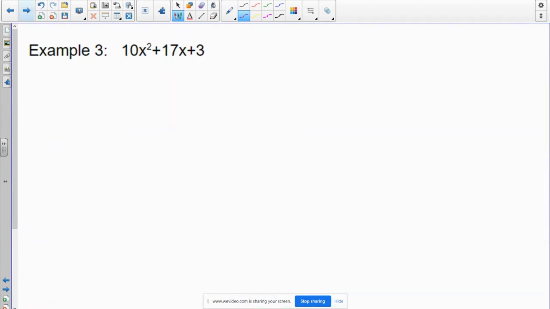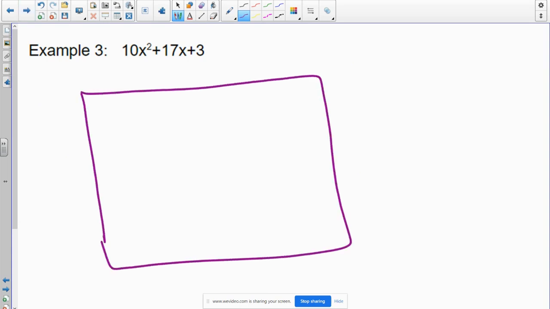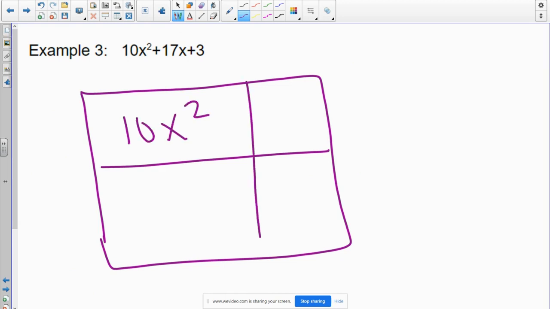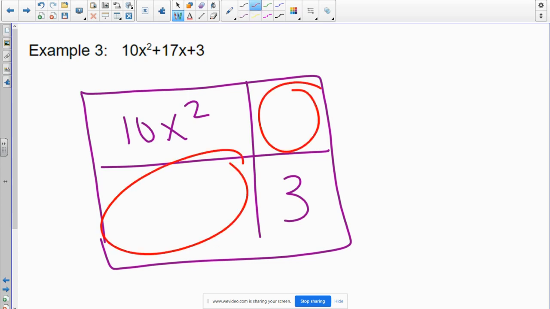Okay, last example. I'll start with the box on this one for my box fans. So this is 10x squared. This is 3. We want to figure out what plus what is going to equal 17x. Well, 3 is nice because 3 is prime, and because 3 is prime, that means it can't be anything other than 1 and 3.